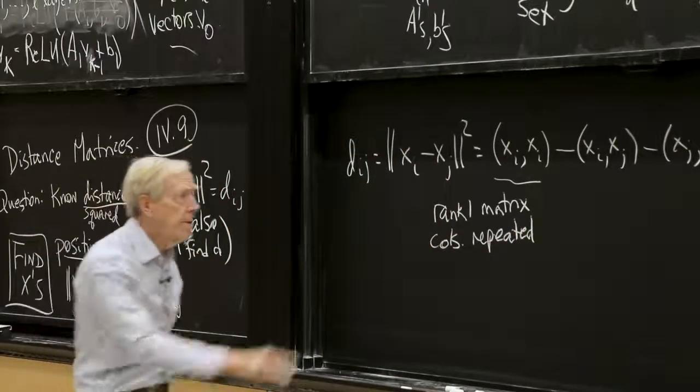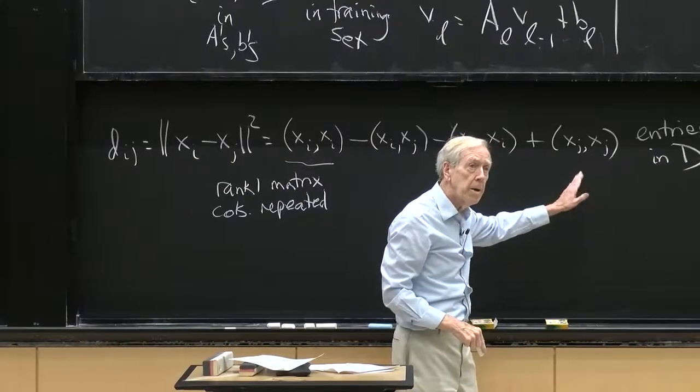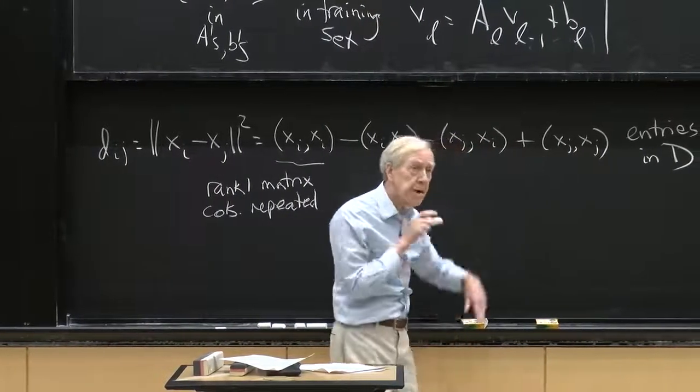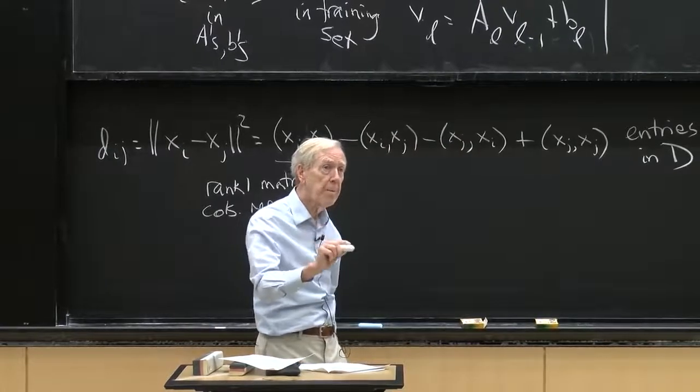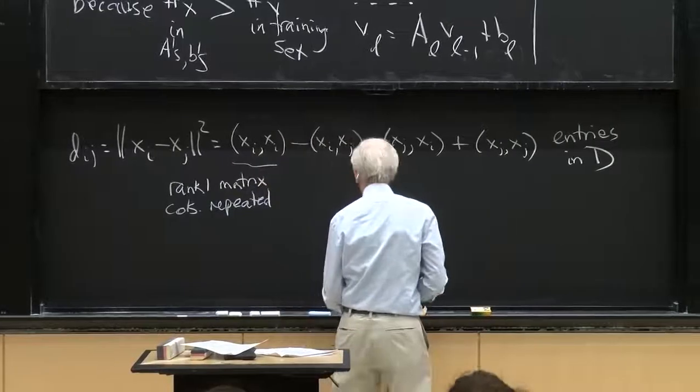And this produces similarly something that depends only on j, only on the column number. So the rows are all the same.